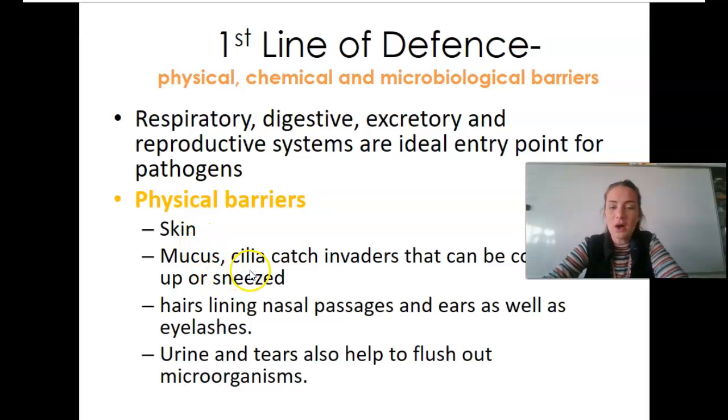So things like cilia, which are tiny hair structures that will line the surfaces of things like your nose and throat. So tiny hair-like structures, and they act as a physical barrier. They will filter, they will catch, sort of waving there, they will catch whatever debris and pathogens might be entering through those areas. They work hand in hand with mucus.